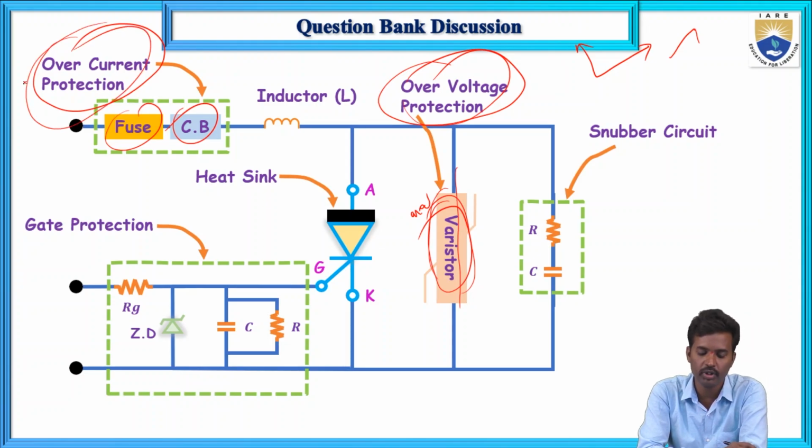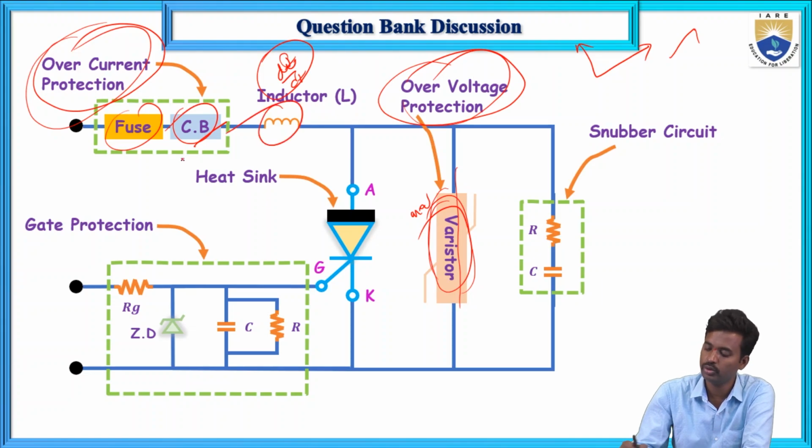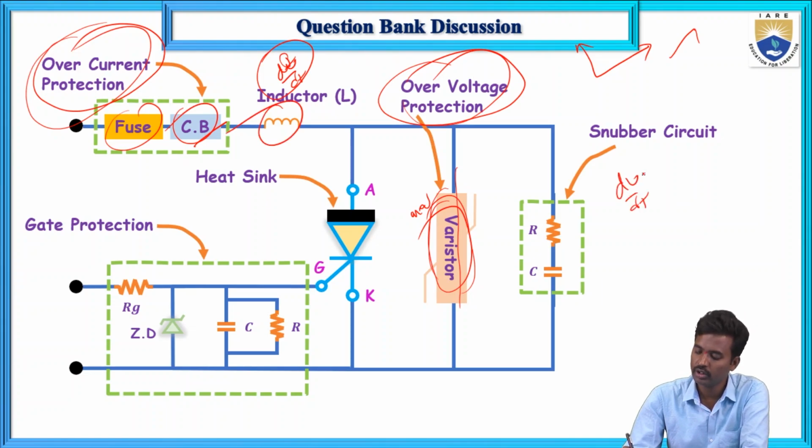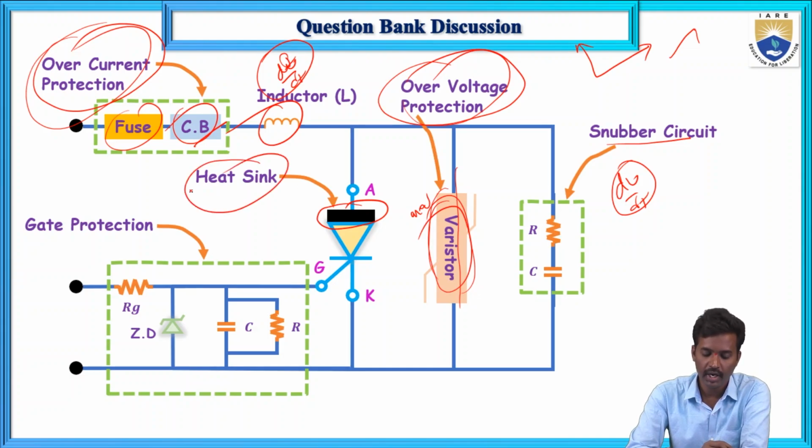For over current protection, a fuse and circuit breaker will be used. Next, for di by dt protection, an inductor will be used, and for dV by dt protection, a snubber circuit is used. For temperature, heat sinks are used, and then there is gate protection.